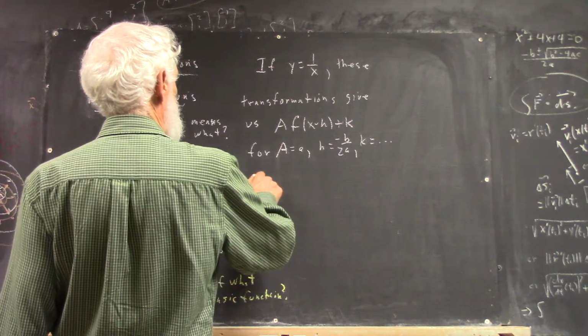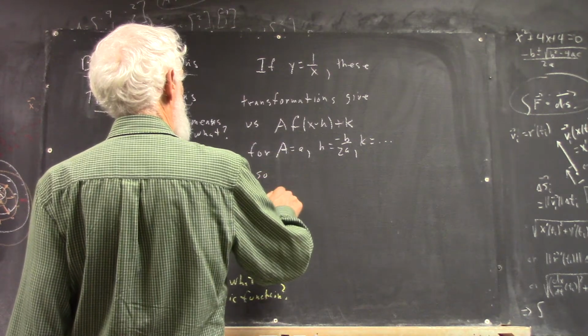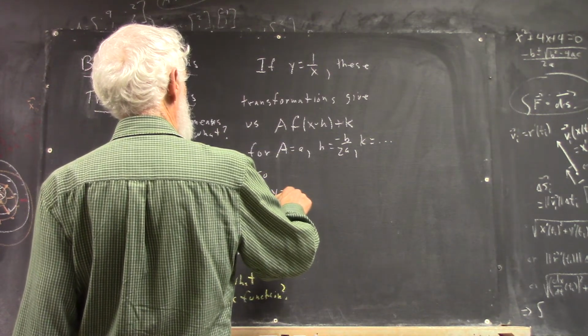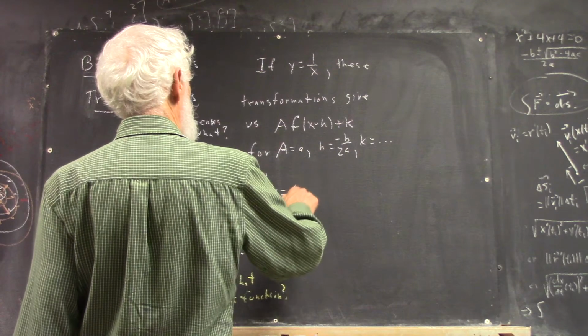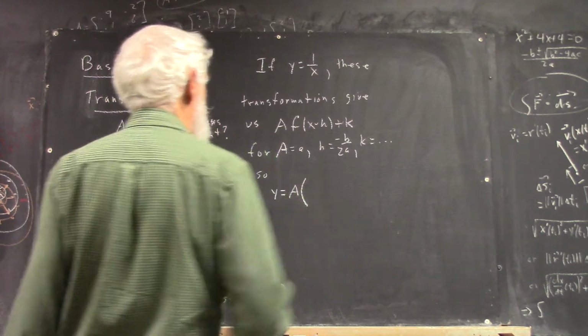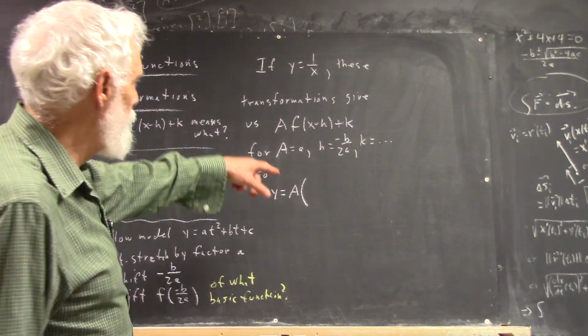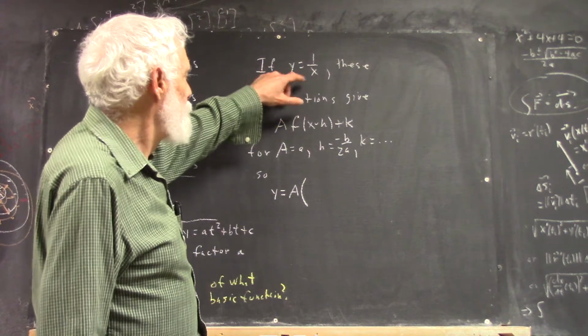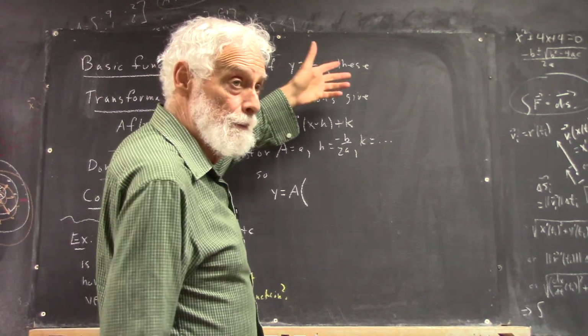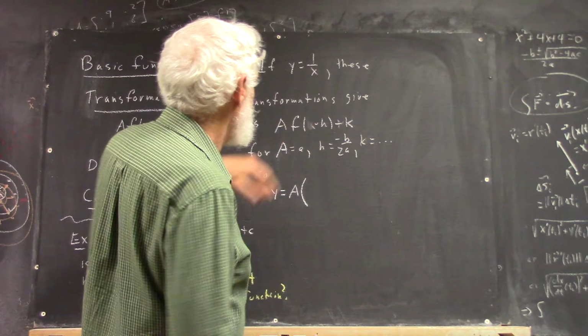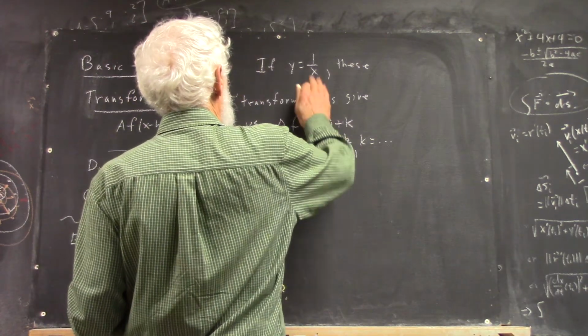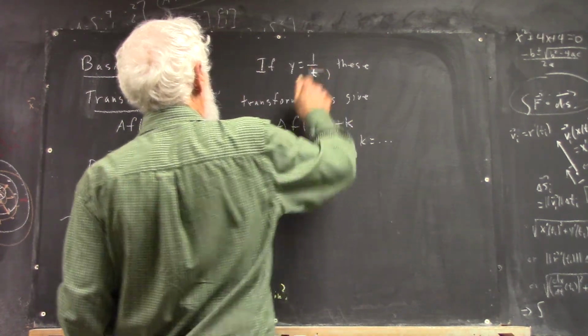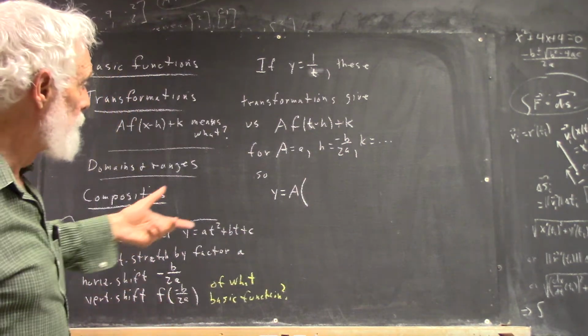So, y equals a multiplied by what? What's f of x minus h if y equals 1 over x? And let's make it t, because that can be confusing as a function of time. Okay.